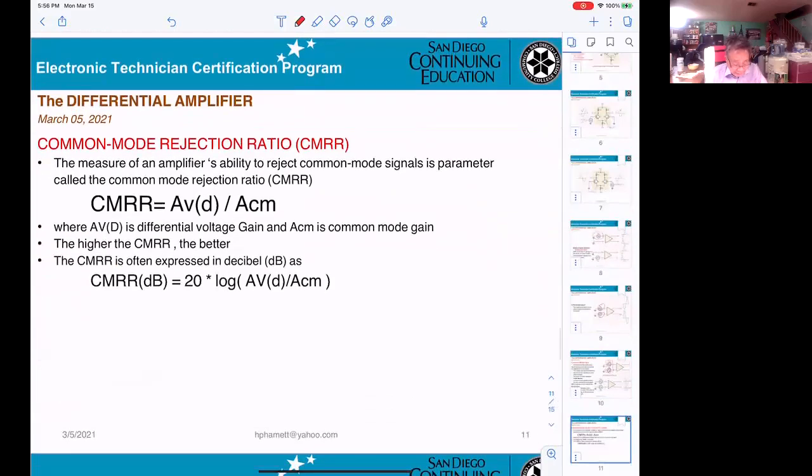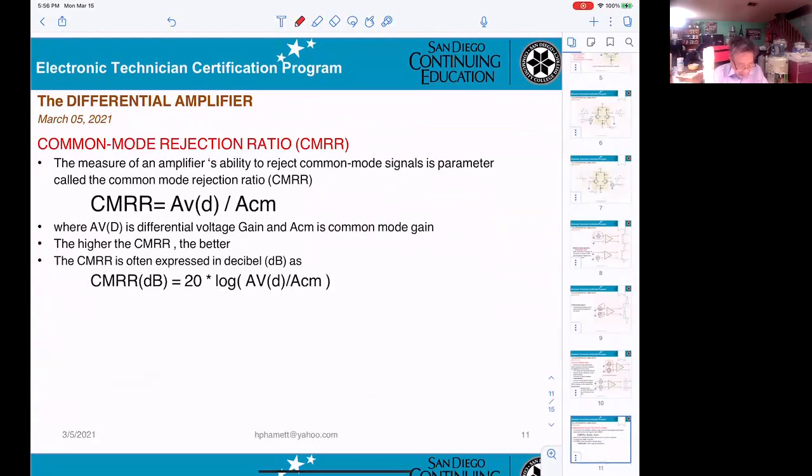Common mode rejection ratio: the measure of the amplifier's ability to reject common mode signal is a parameter called common mode rejection ratio, CMRR. Okay, and they calculate it by the formula.